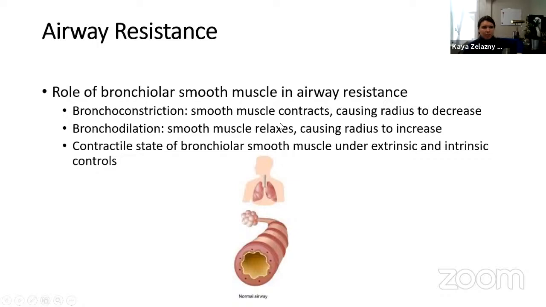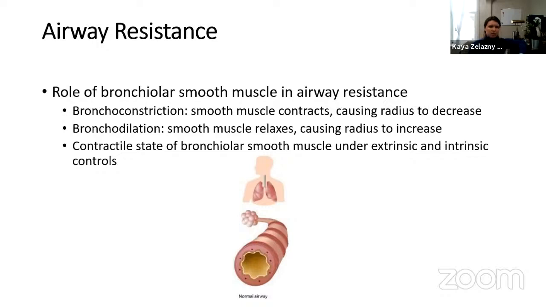So when we're thinking about airway resistance, we're specifically thinking about smooth muscle surrounding our bronchioles. Bronchioles have lots of smooth muscle, which contracts and dilates much in the same way as our vasculature did.